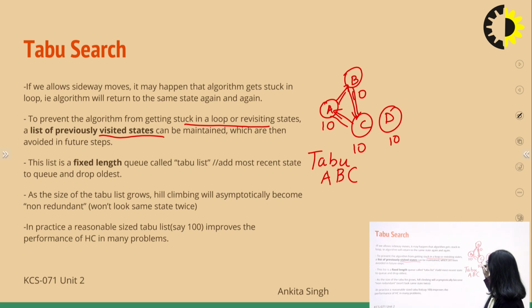So now C won't go back to A. It will move to that 10 only, because A has already been visited. Also, we have to fix the length. This is a fixed-length queue called the tabu list. As the size of the tabu list grows, hill climbing will asymptotically become non-redundant. That was your tabu search.